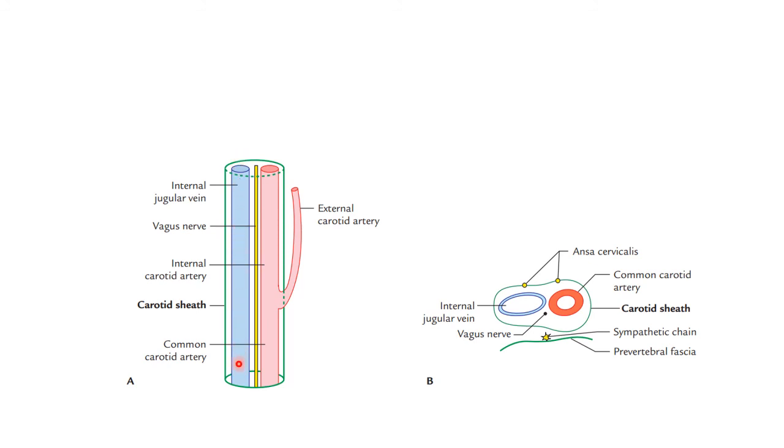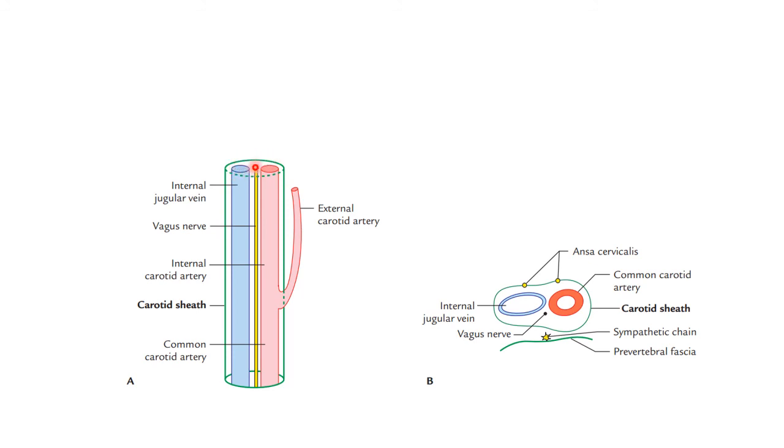The carotid sheath extends from above, the base of the skull, to below, the arch of the aorta. At the base of the skull, it is attached to the margins of the carotid canal and jugular fossa. And below at the arch of the aorta, it blends with its adventitia.